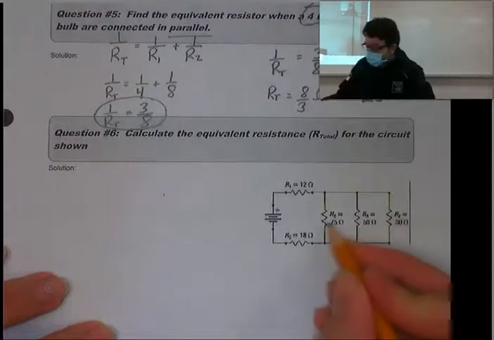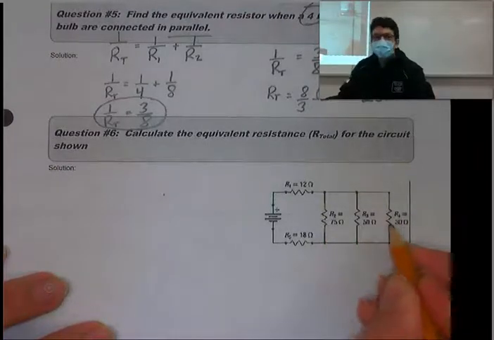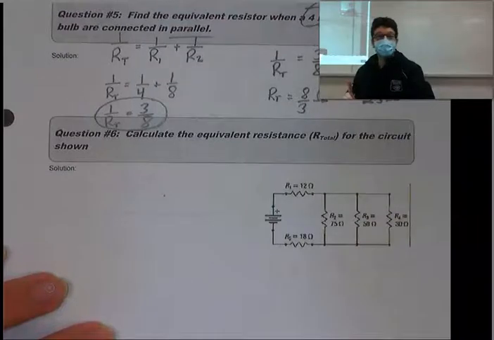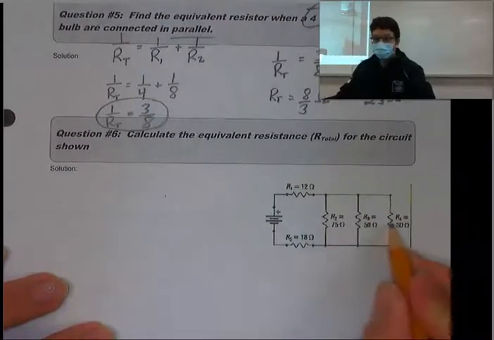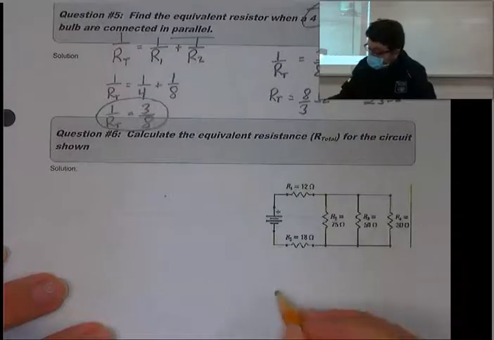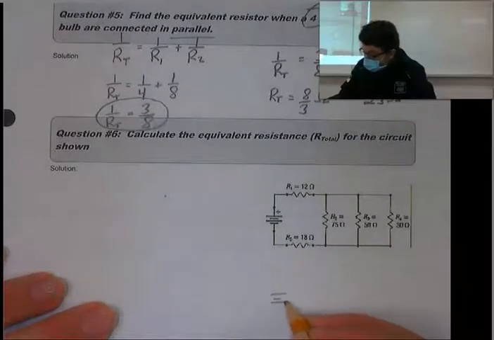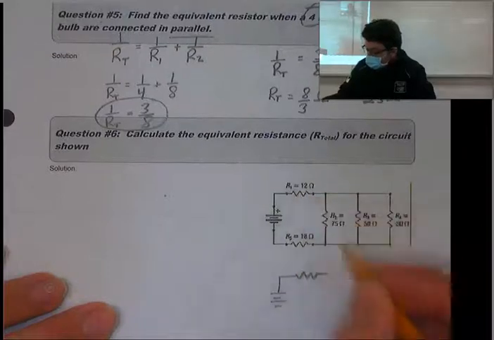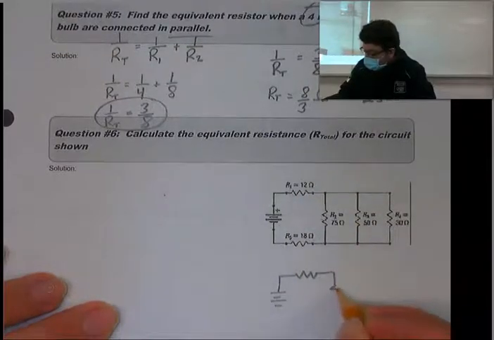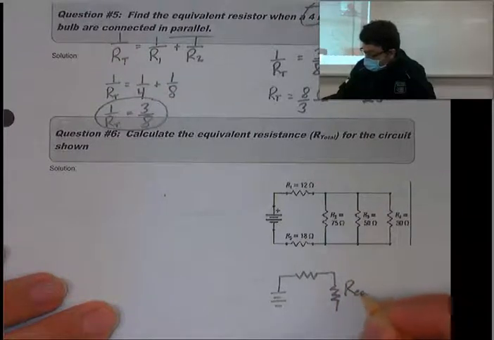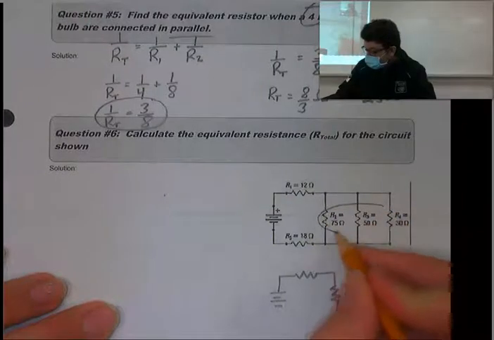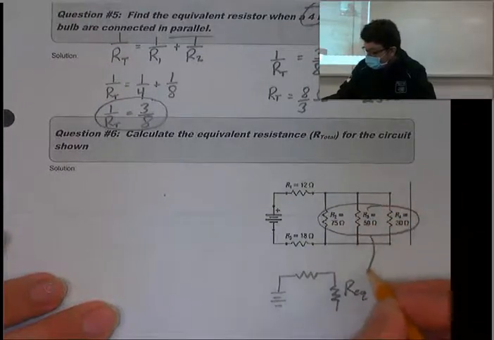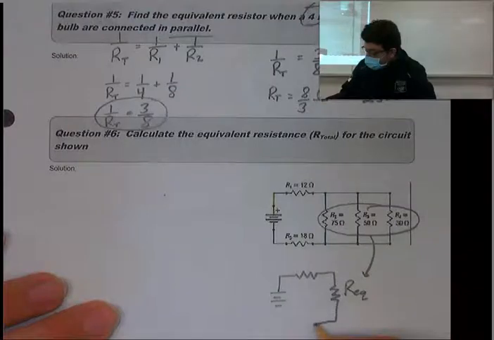So I can replace those 3 resistors with one resistor that is equivalent to those 3. And then our circuit will look like this. We have our 1 up there, we have our equivalent resistance here, I'll call it REQ from these 3, and then we have our R5 down here.